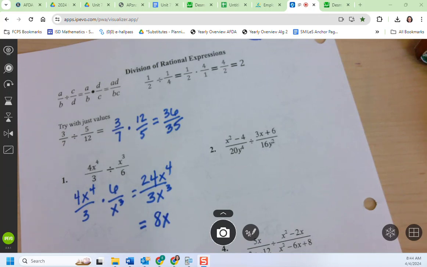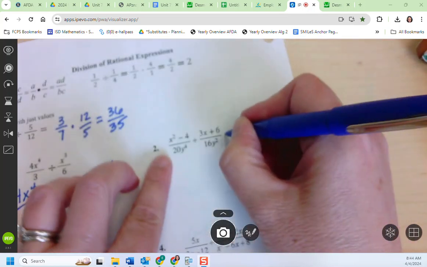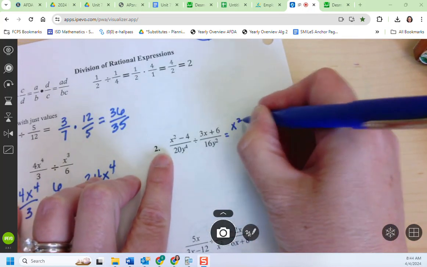Okay. All right, in number 2, you can factor first, but I personally find it easier to flip it and then factor. So I'm going to just leave it the same, and then I'll factor.